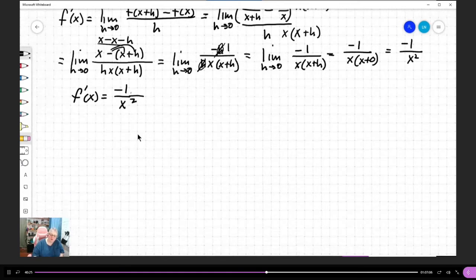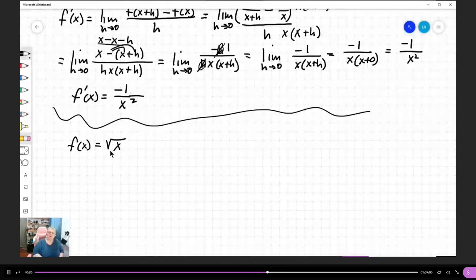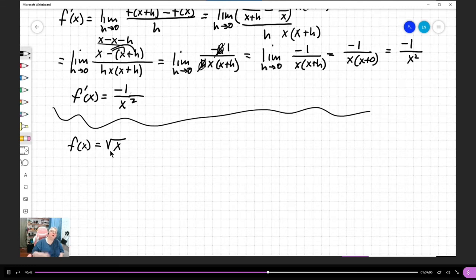Okay, so if I have a square root function, again, I'll do a basic square root function because I'm hoping this is not all brand new to you. If I want to find f prime for a square root function, I'm going to follow the same basic path I did with the rational function, because trying to go step by step, there's nothing I can do at each step.